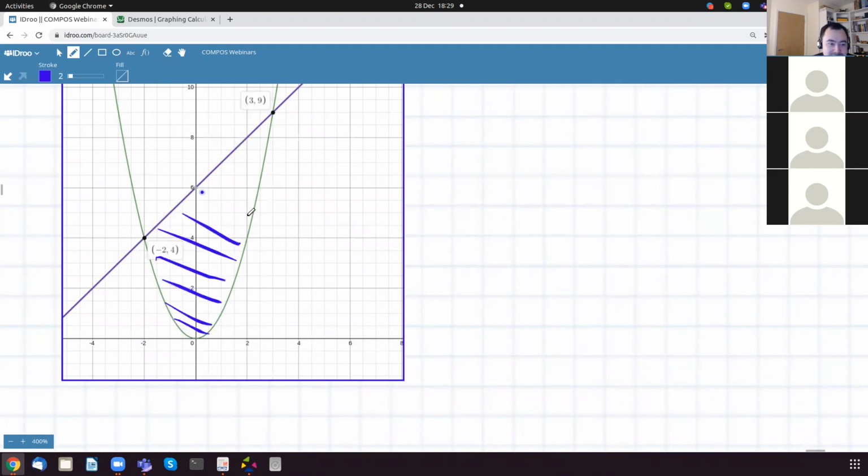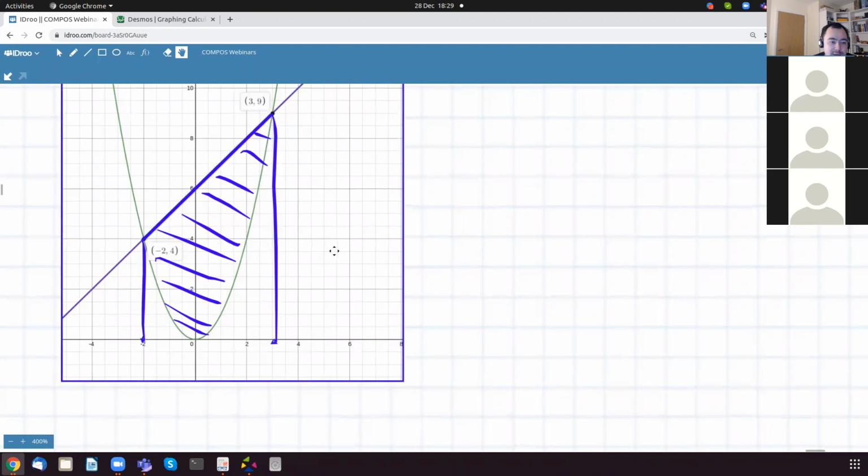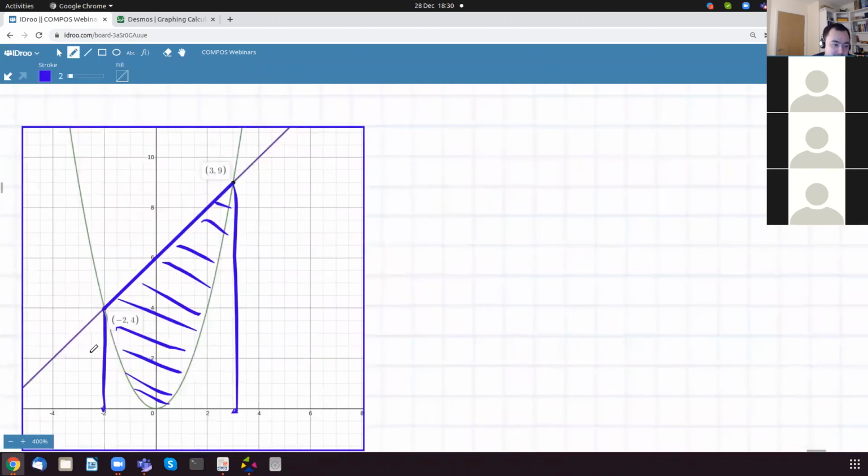The more you learn maths, the more you understand that there are several methods of doing this. And so we can find the area of the trapezium. This is 4, this is 9, and the height of the trapezium is 3 plus 2, which is 5.